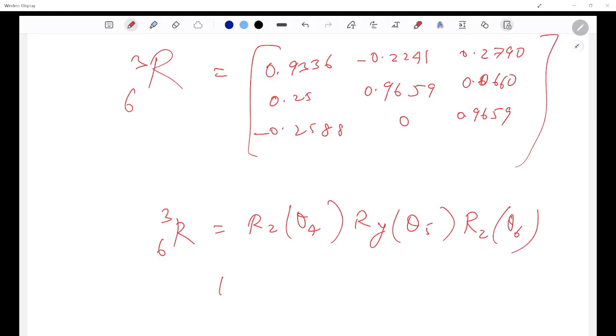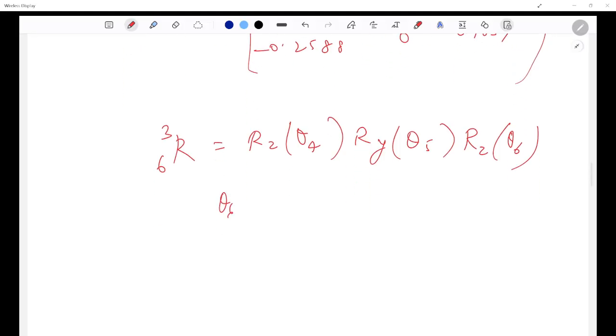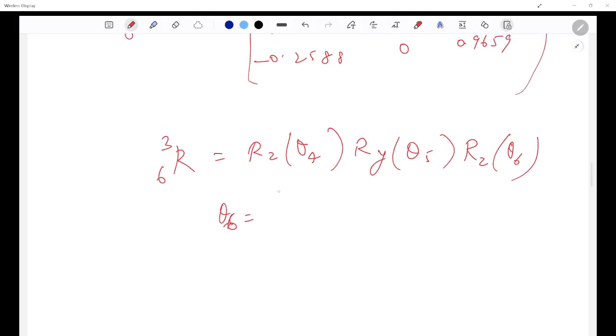So from here you will get theta 6 to be equal to tan inverse of r21 upon r11, because everything is rotation about the z axis, and then you have to just get cosine and sine terms from there, so that you get tan inverse.